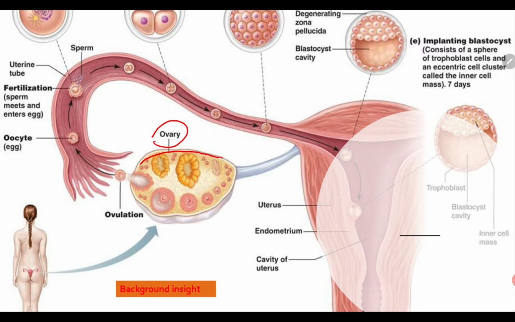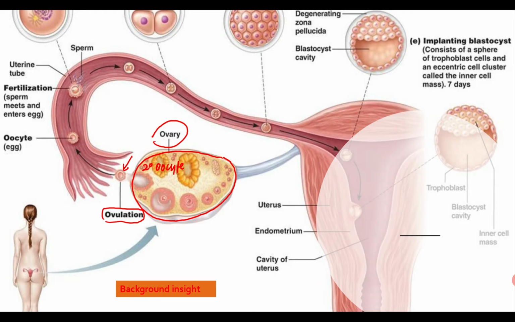As we all know, inside the ovary is where the development of the gamete occurs. As a result, we will produce a secondary oocyte which will leave the ovary through ovulation, every menstrual cycle.